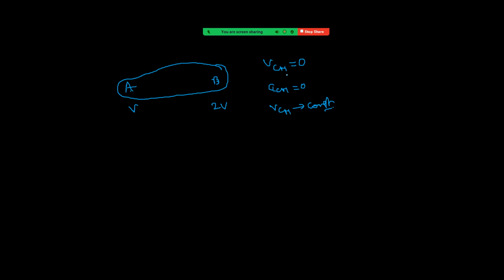Okay. Suppose they ask to find the ratio of their masses, then what I can do is MA into V should be balanced by MB into 2V, because VCM 0 means momentum of the system is 0.